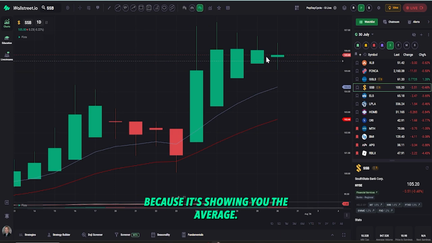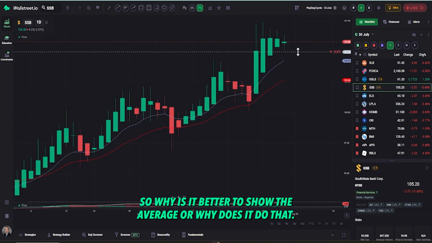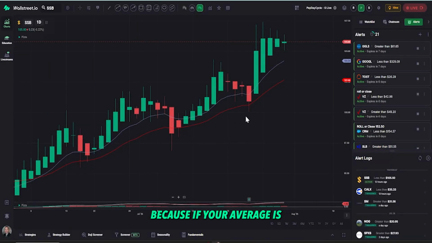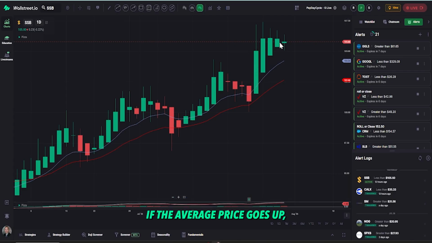Because it's showing you the average. So why is it better to show the average, or why does it do that? Because if the price average is growing, it'll stay greener longer. The candles are always going to stay green if the average price goes up. They're not going to go red until the average price actually dips lower than the previous day's.